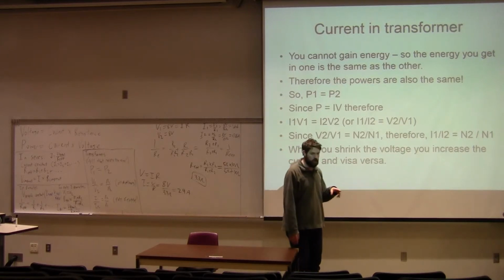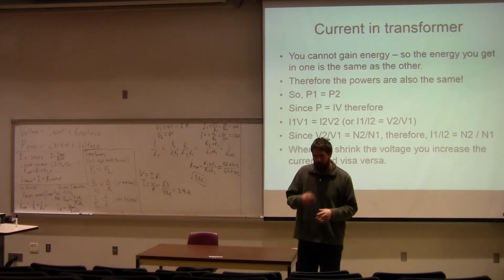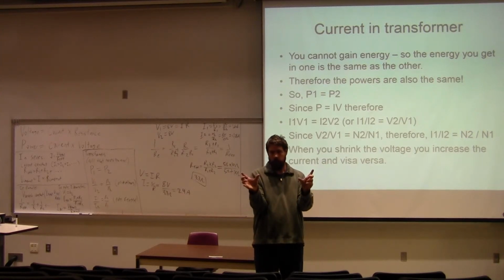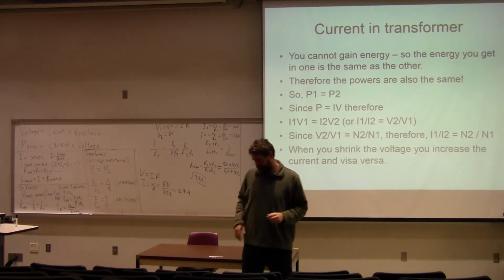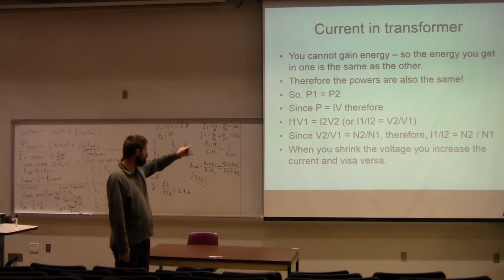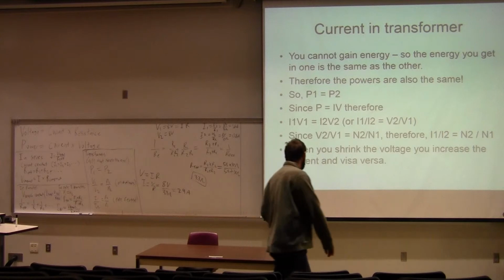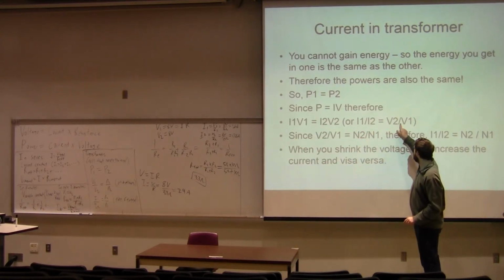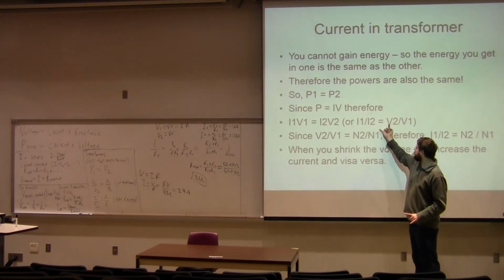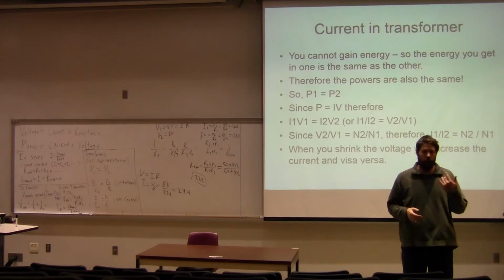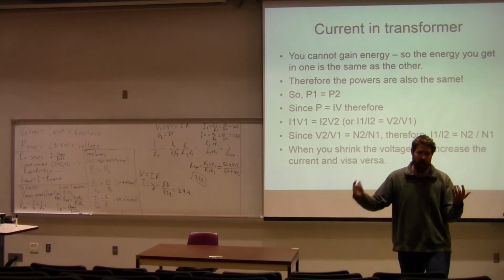Now, power equals current times voltage. Since the power is the same, that means I1 V1 equals I2 V2. If I solve for I1 over I2, that is equal to V2 over V1, so they're inversely related. Voltage and current are inversely related. If my voltage goes up, my current has to go down.